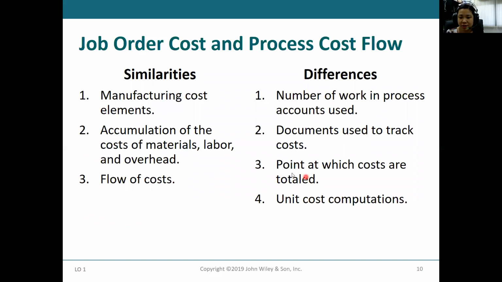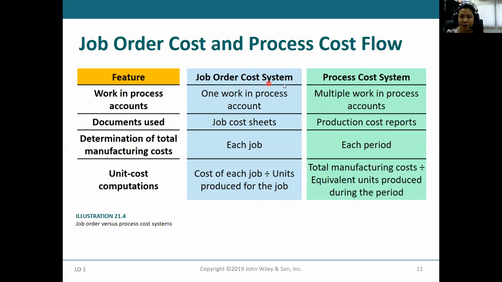The difference also lies in the point at which costs are totaled. For job order costing, we total the cost of the job when we complete the job, and we find the total cost for each job. But for the process cost system, we total the manufacturing cost at the end of each period.